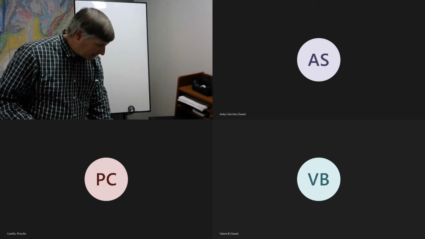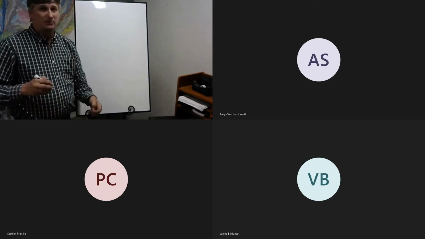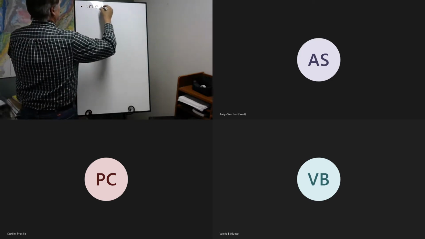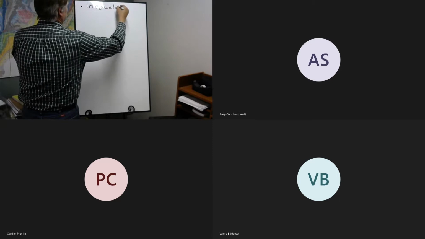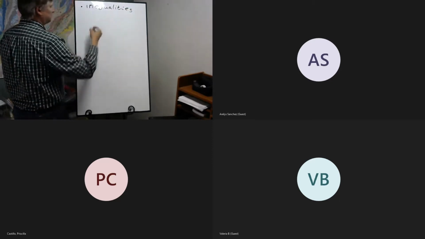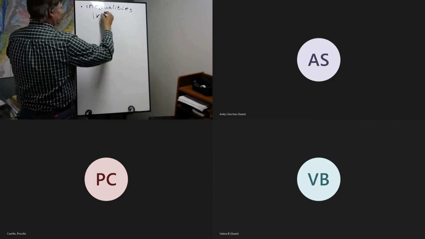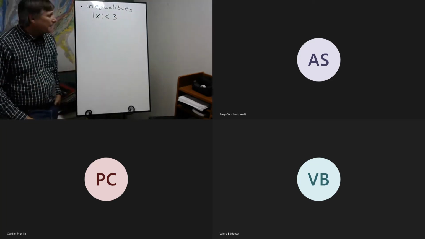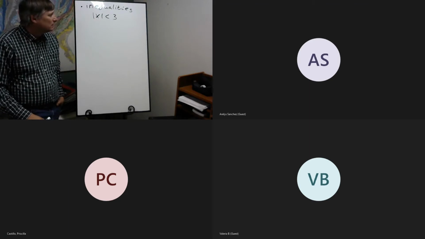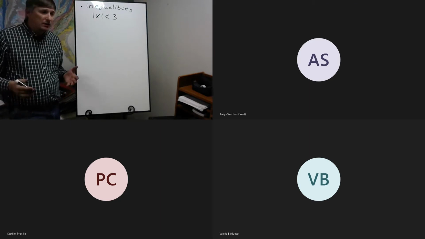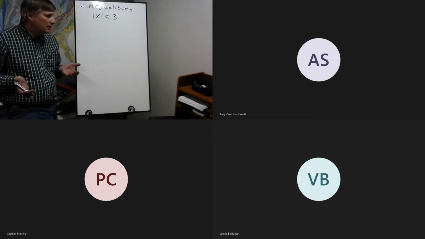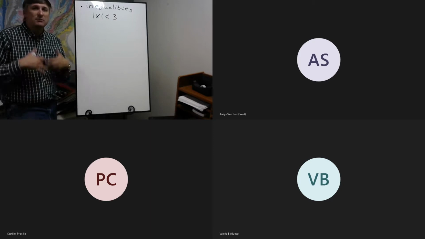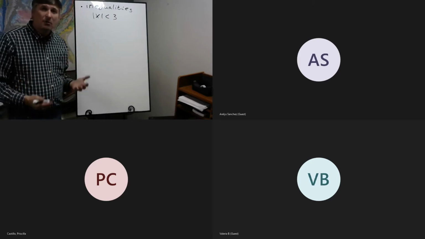So the last thing to look at today are inequalities with absolute values. So let's consider this. The absolute value of x is less than 3. So what this is saying is we want all the numbers x that, if you take all the numbers x and make them positive, they'll be smaller than 3.